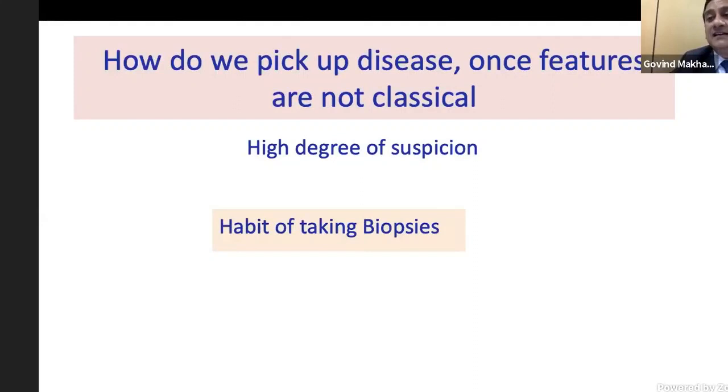Another important thing is the habit of taking biopsy. Somebody has an esophageal symptom, the endoscopy is normal. Normally we pull out the scope and do nothing. We don't take biopsies. But if we have a habit of taking biopsies, we can diagnose some additional lesions even when the endoscopy is normal.